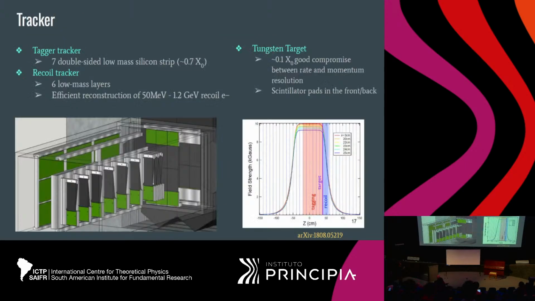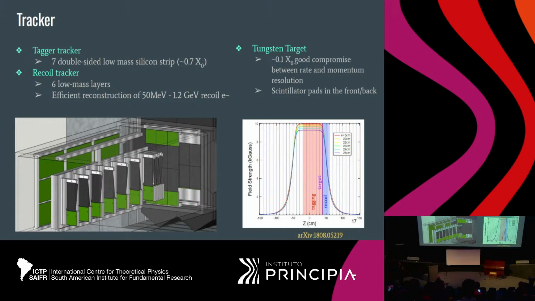The tracker follows the same technology as what was used by HPS. In fact, these are the same people building the HPS tracking system and this system, and it is based on silicon strips. We have two stations, one before the target and one after the target, which by the way is tungsten, 0.1 radiation length.